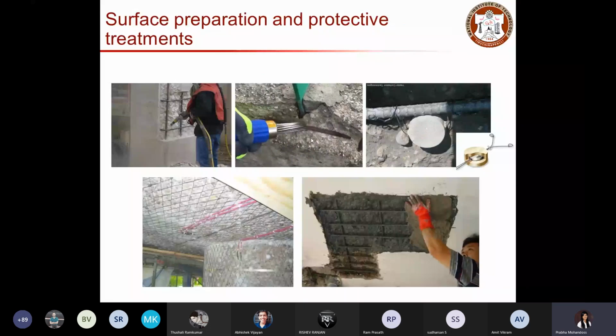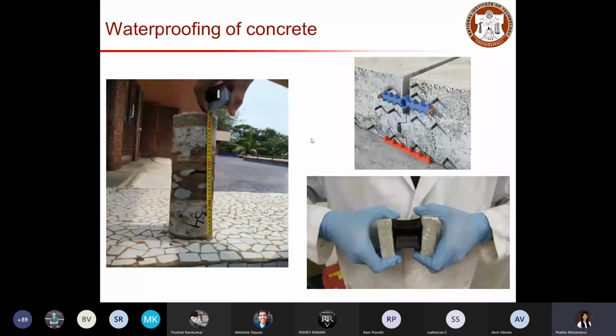So this is to ensure good repair work, and to prevent further repair work, to reduce the number of repair works in the future. And then waterproofing of concrete is to prevent water ingress into the concrete, to avoid any degradation mechanism that deals with water.